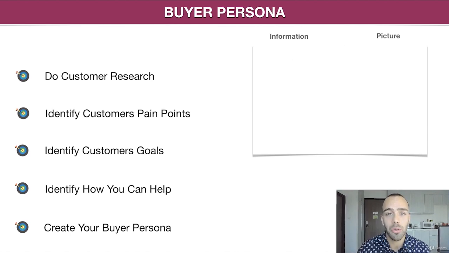Of course, we don't know how they look, so we have to make that up in our mind. We have to be a little bit creative, because if we have a picture and some good information about this customer, and some kind of background story, we know exactly how to speak to these potential customers in our ads, in our blog posts, in our content on our social media platforms, etc.